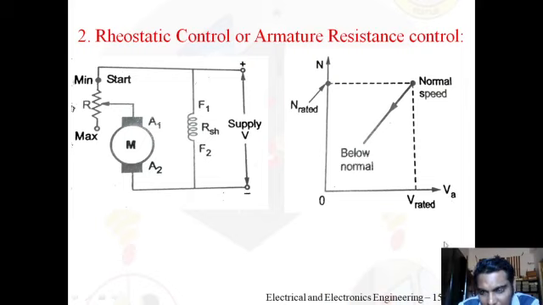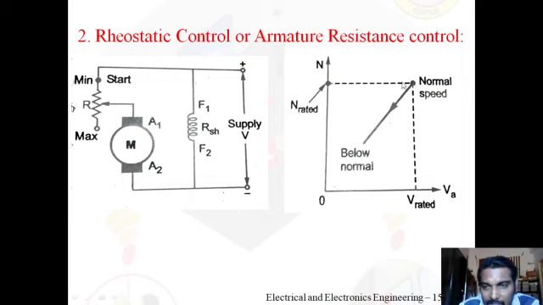So here, whenever the rated voltage comes across the armature, what was the speed? The speed was the normal speed. The motor was running at the normal speed. When the voltage across the armature on the x-axis was V rated, the speed is the normal or rated speed.